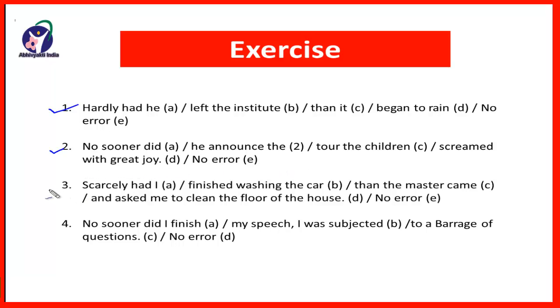And third: scarcely had I finished washing the car, then the master came and asked me to clean the floor of the house. Fourth sentence: no sooner did I finish my speech, I was subjected to a barrage of questions. Friends, spot the mistakes, whether there is a mistake in A part, B part, C part or D part, and if there is no error, then E part is correct.